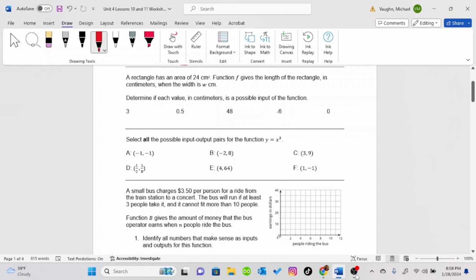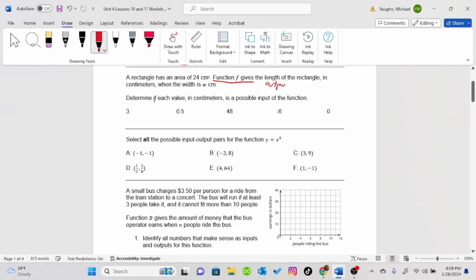A rectangle has an area of 24 centimeters squared. Function f gives the length of the rectangle in centimeters when the width is w centimeters. So remember, when you see the words "function gives," the very next thing is your output.